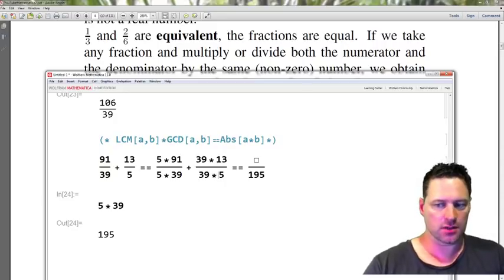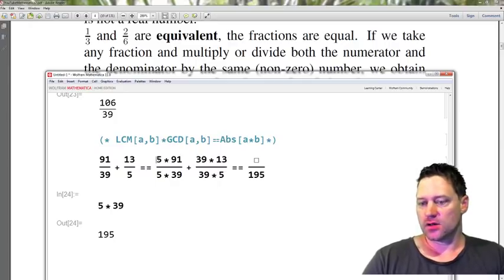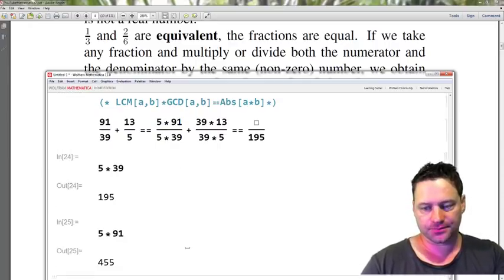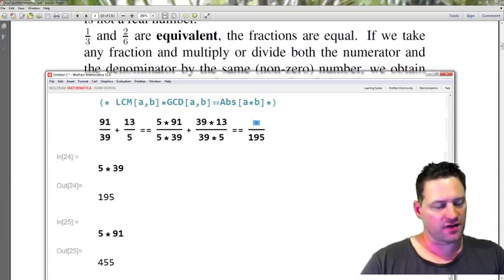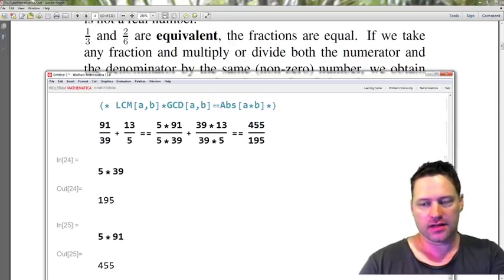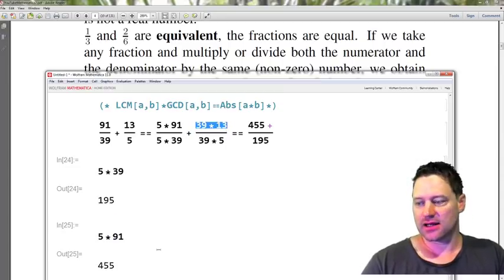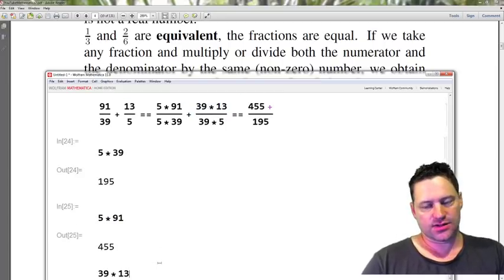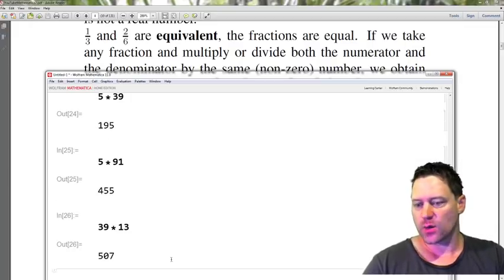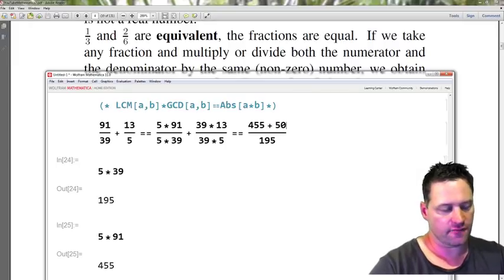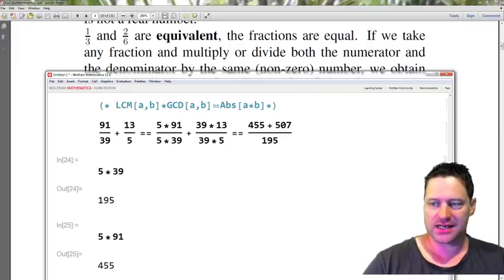These two denominators are the same. Now the numerators we need to actually calculate, so I'll come down here and calculate that. 455, so I'll write that here, and then plus this one, 39 times 13, so that's 3 times 13 squared, 507.